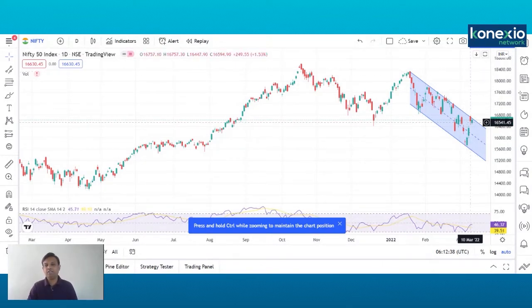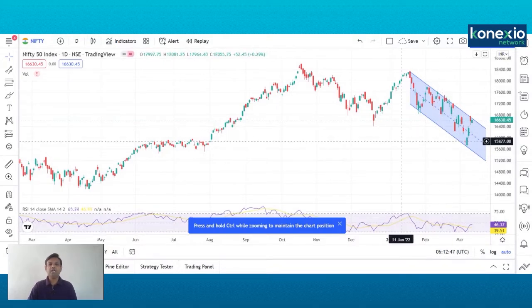So currently Nifty is quoting around 16,630. Say for example, if we see some sort of correction around 16,500 to 16,400, that should be used as a buying opportunity, and we are expecting a breakout of this falling channel. So again the trend remains positive.